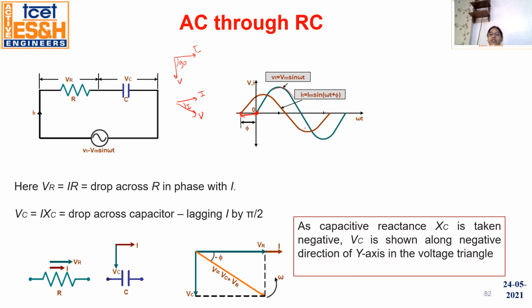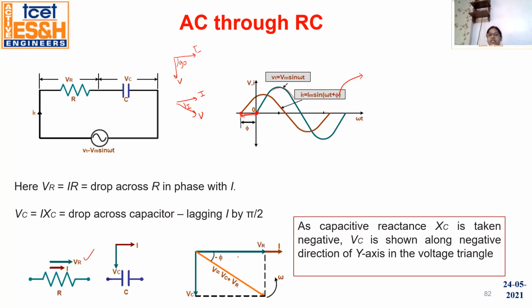This is the current, and the current equation is Im sin omega t plus phi, whereas voltage is Vm sin omega t. But here some angle is added to the current because of its leading nature, or it is having the leading phase difference.